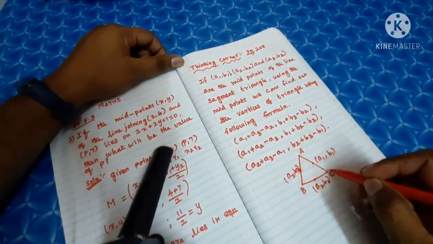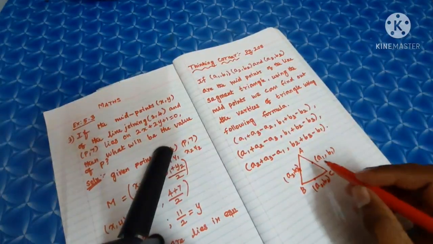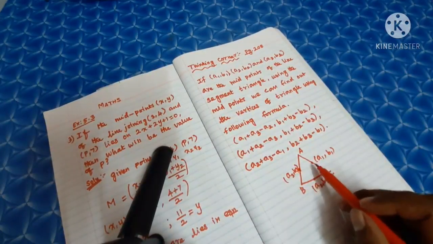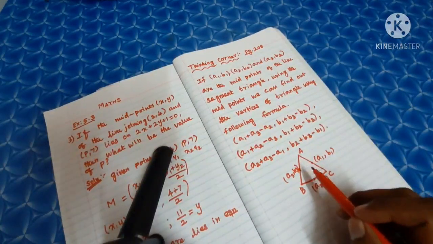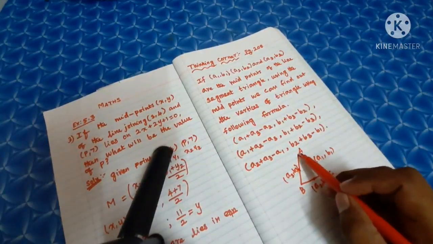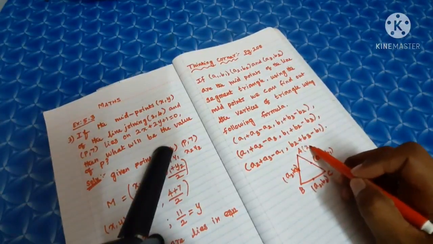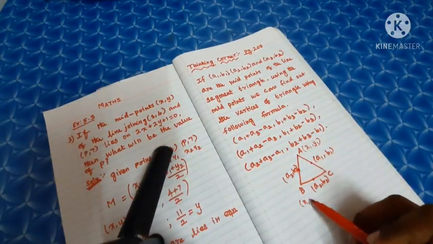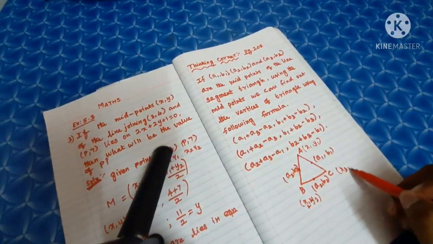If it is taken anti-clockwise, okay, a1 comma b1, a2 comma b2 and a3 comma b3 are the midpoints of triangle ABC. Using those midpoints we can find the vertices of the triangle, that is x1 comma y1, x2 comma y2, x3 comma y3.